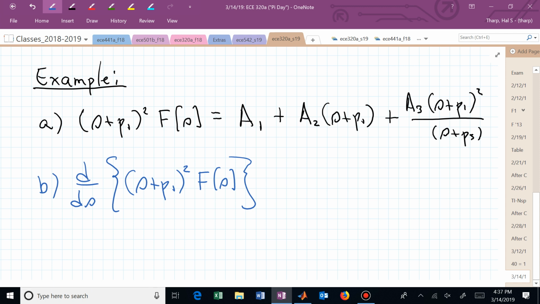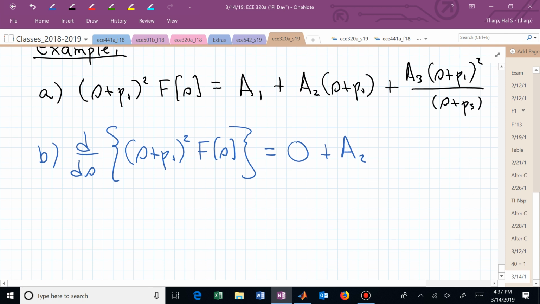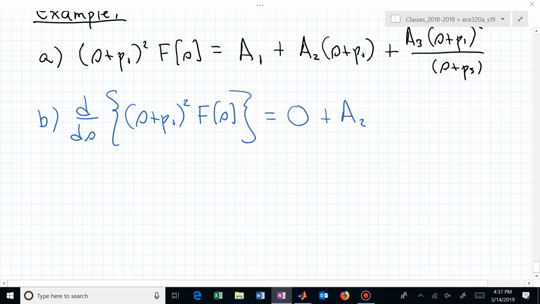What happens when I differentiate A sub 1 on the right with respect to s? I don't get anything, do I? Well, I get 0. What happens when I differentiate A sub 2 times s plus p1 with respect to s? Oh, that's looking promising. That's really what I wanted, wasn't it? To somehow isolate A sub 2. And what happens when I do the next term?